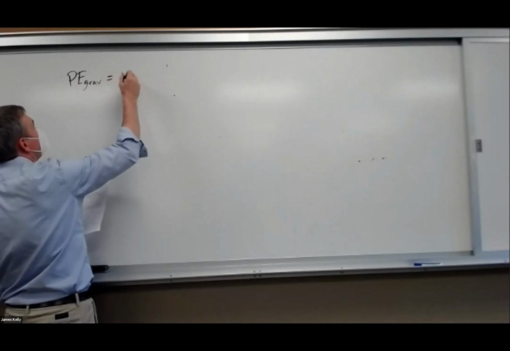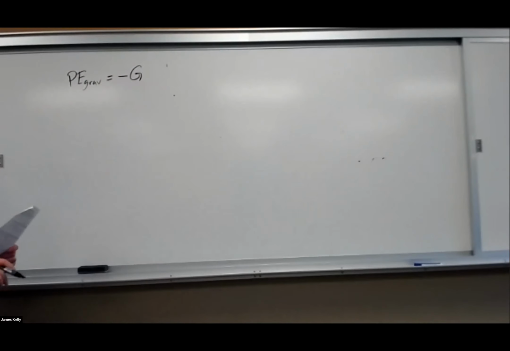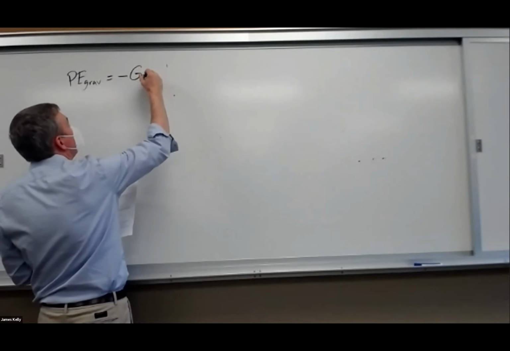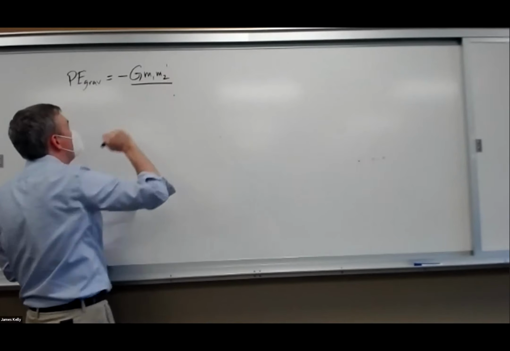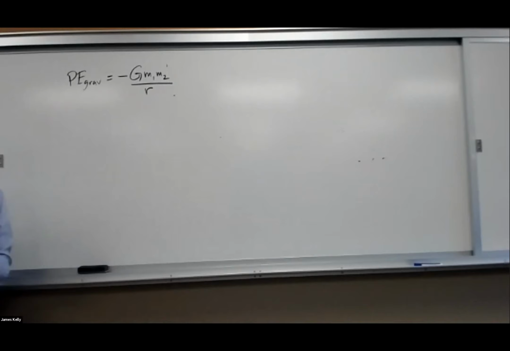In other words, and it looked like this: minus our good old friend capital G, 6.67 times 10 to the minus 11, times the product of the 2 masses, just like we had before. But instead of dividing by r squared, we divide just by r.